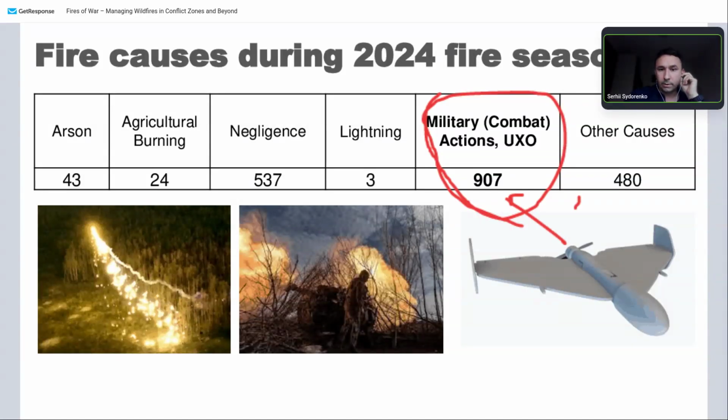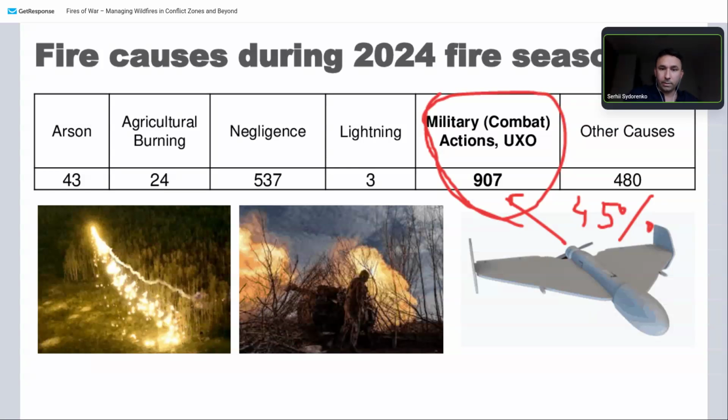More than 45% of all forest fires are now caused by military action. But this number, again, is not complete. It's only taken from liberated territory or territory controlled by the Ukrainian government. So the real number is much bigger.